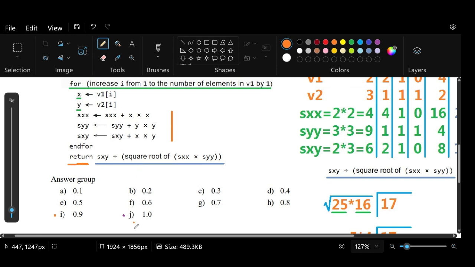I ended up choosing letter J, which is incorrect because the correct answer is supposed to be letter I. Now let's see what's going on here and attempt to explain why I chose the incorrect answer, especially once I reached the part where you got the square root.